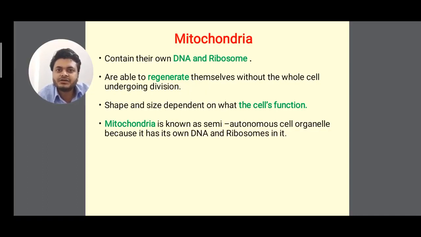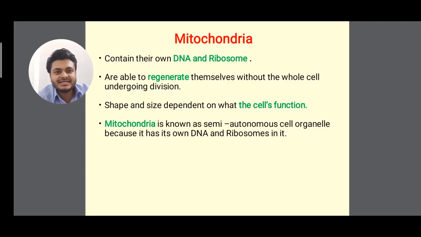Chloroplast is a part of the plastids, which are of three kinds: chloroplast, chromoplast and leucoplast. We'll see this in the chloroplast topic. Mitochondria is semi-autonomous because it has its own DNA and ribosomes. Ribosome function is protein synthesis, and they are able to regenerate themselves without the whole cell undergoing division.